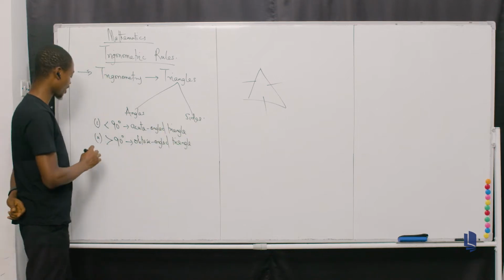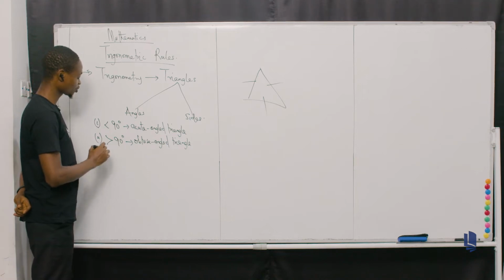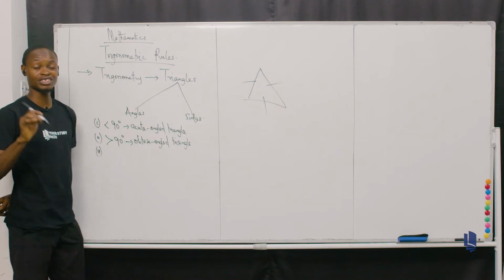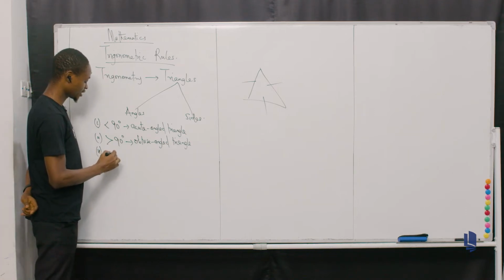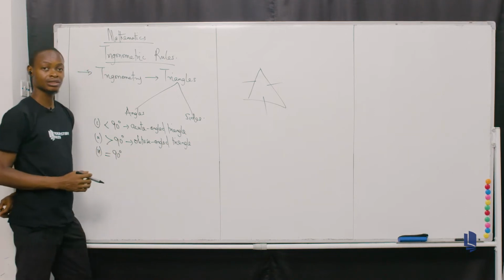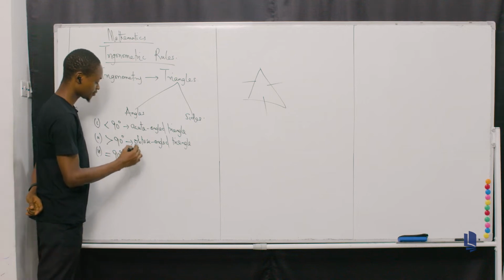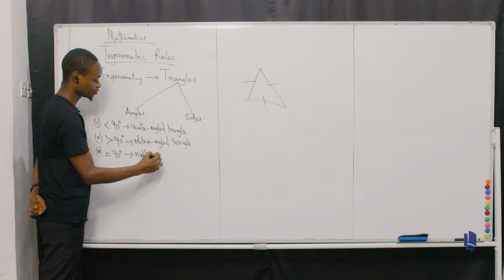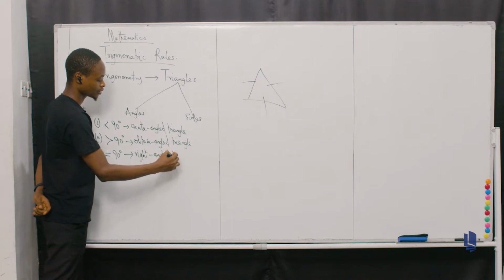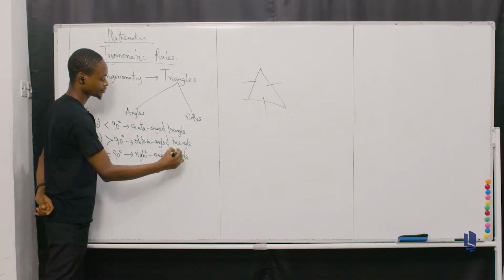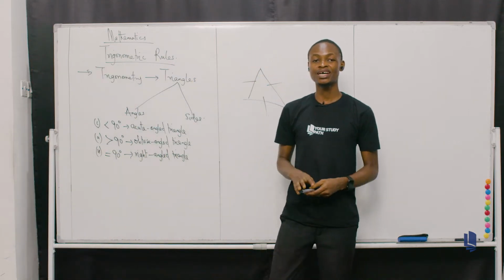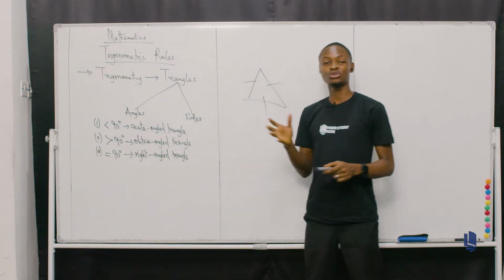And if we have a triangle such that at least one of its angles is exactly 90 degrees, then we will call it a right angled triangle. These are the common classifications that exist as far as triangles are concerned based on their angles.